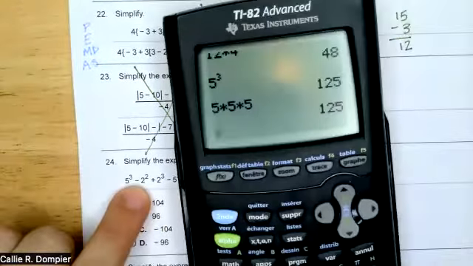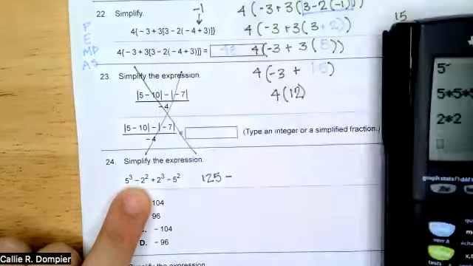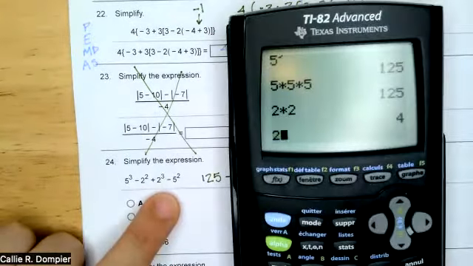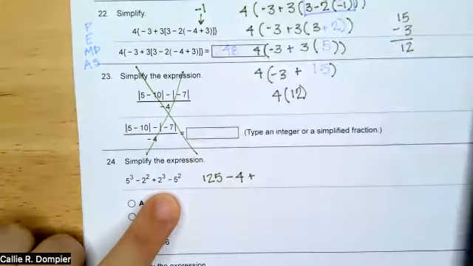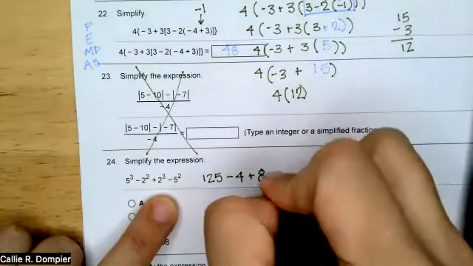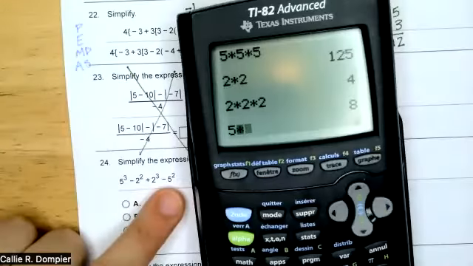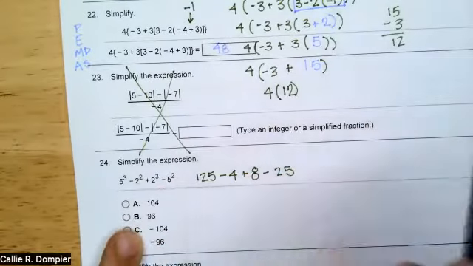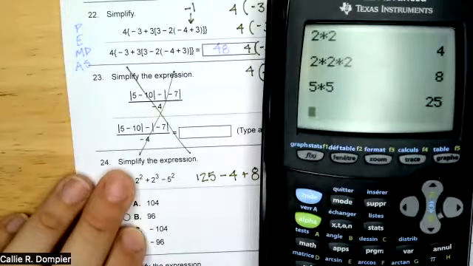Minus 2 times 2 is 4. Plus 2 times 2 times 2 is 8. Minus 5 times 5 is 25. Good. And then you can just put that all in your calculator.